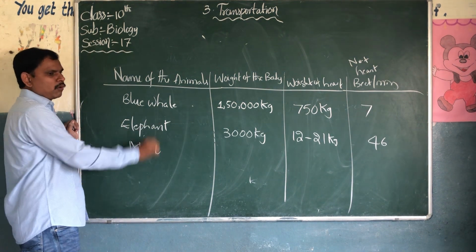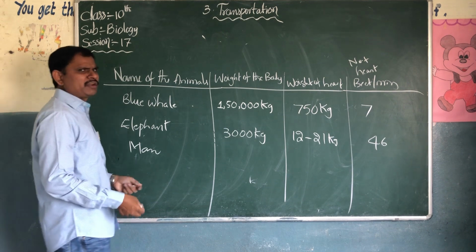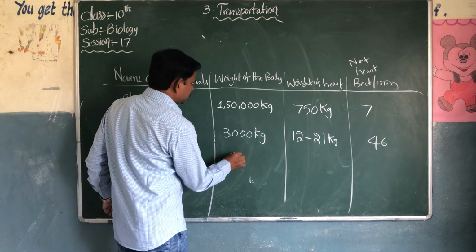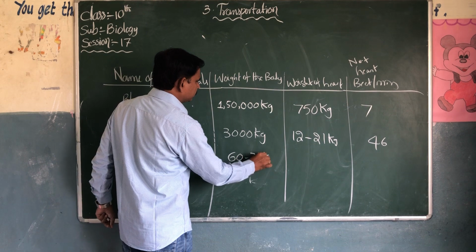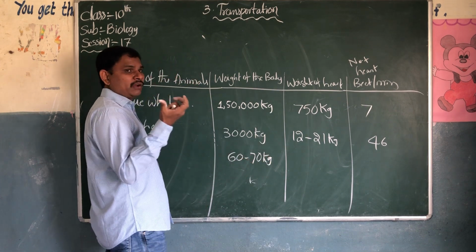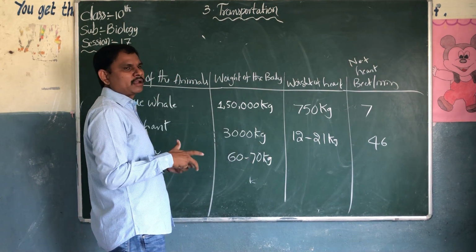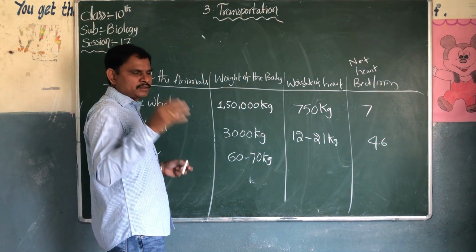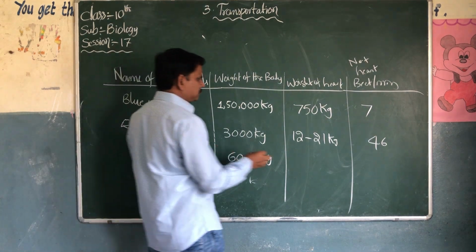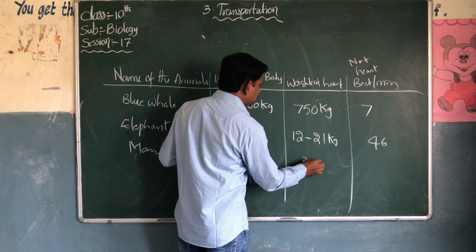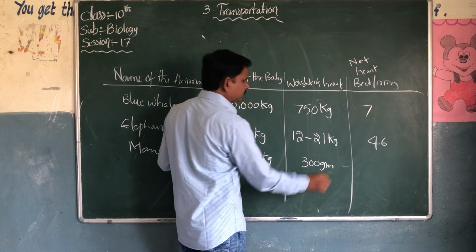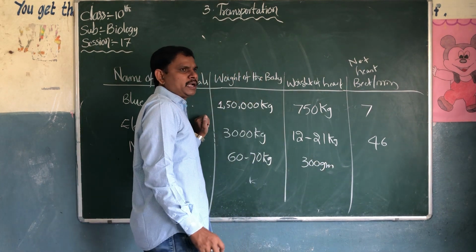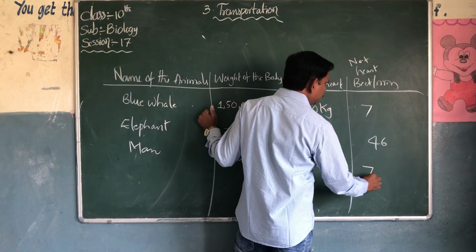The weight of a man is around 60 to 70 kg on average. What is the weight of the heart? We can hold our heart in a fist, around 300 grams. Then what is the heartbeat rate? 76 per minute.